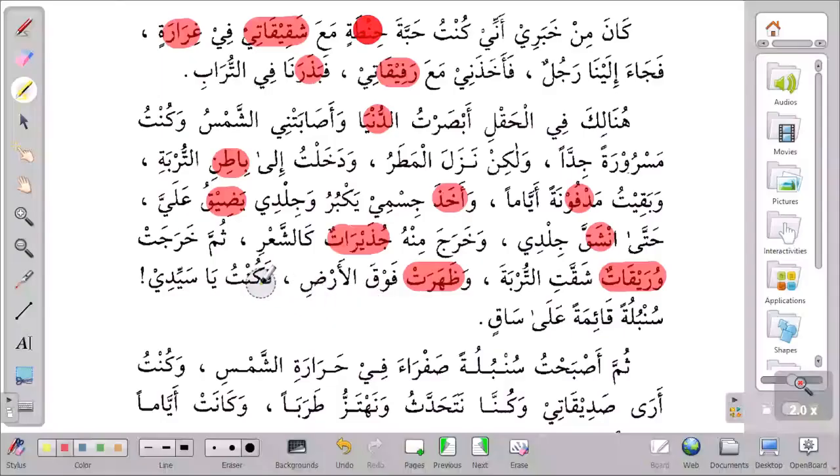فَكُنْتُ يَا سَيِّدِي, and I was, oh my master, sumbulatan qa'imatan ala sakin. I was sumbulatan. The meaning of sumbula: sumbulatun is the ear. This is popular to those who know farming, it is a farming terminology. We call it the ear.